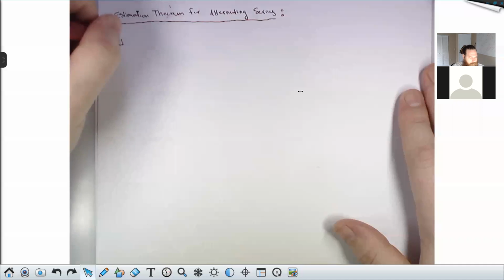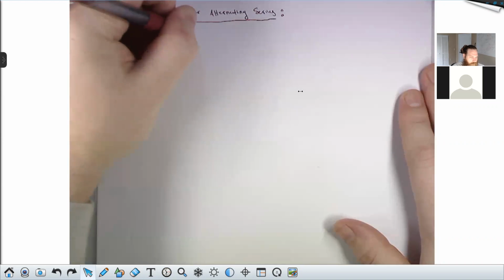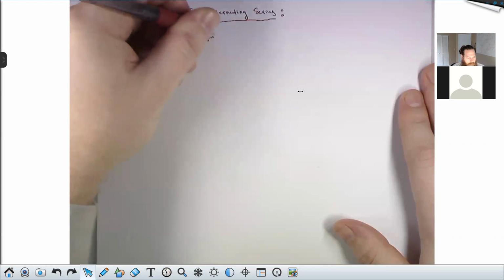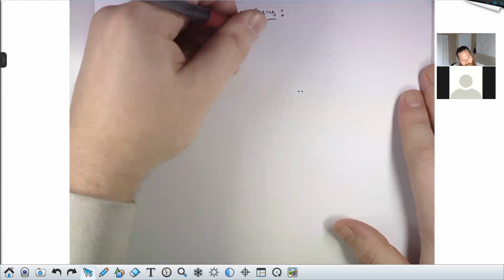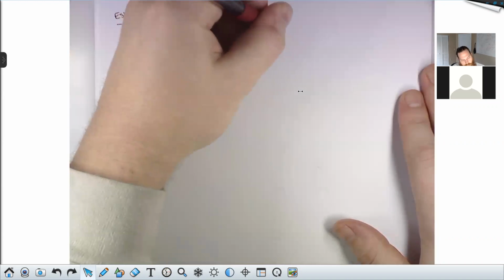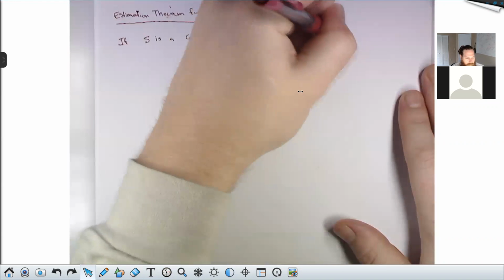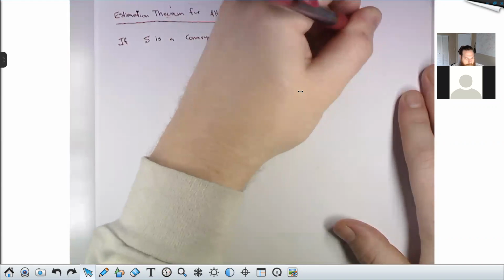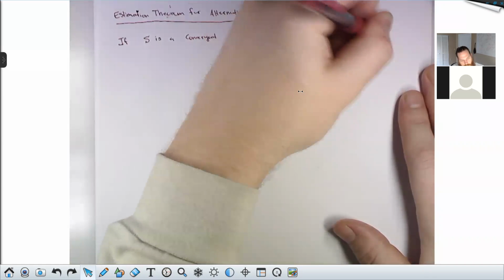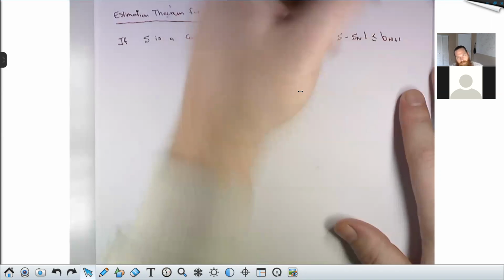This says if S is a convergent alternating series, then the absolute value of S minus Sn is always less than or equal to B sub capital N plus 1.